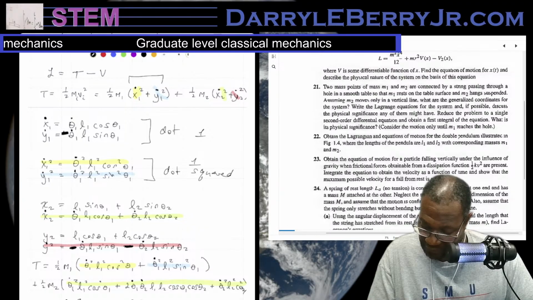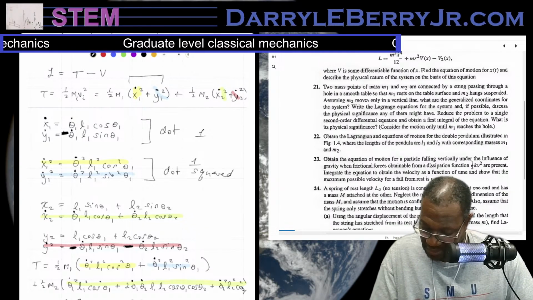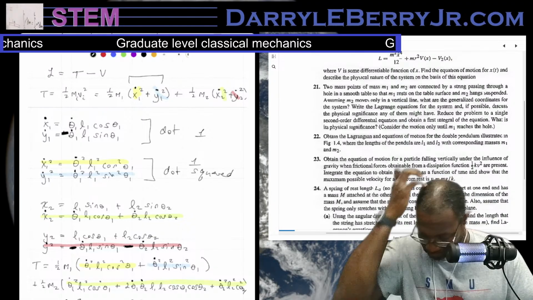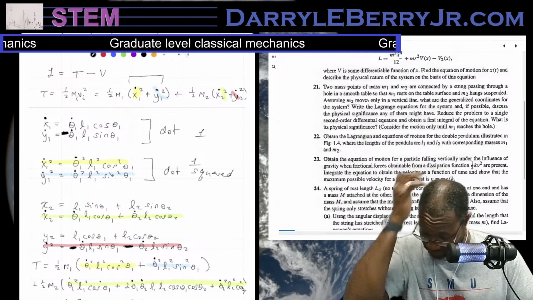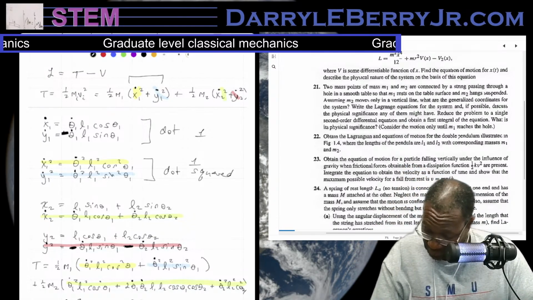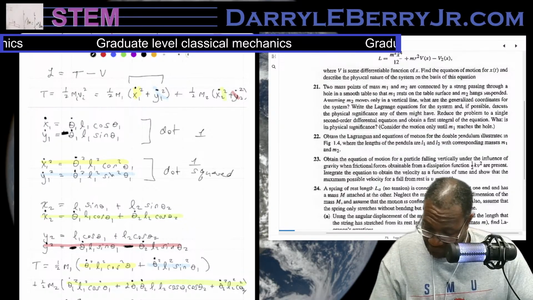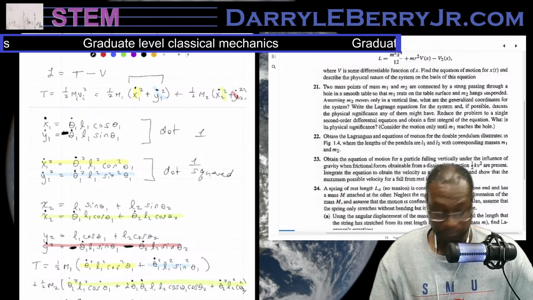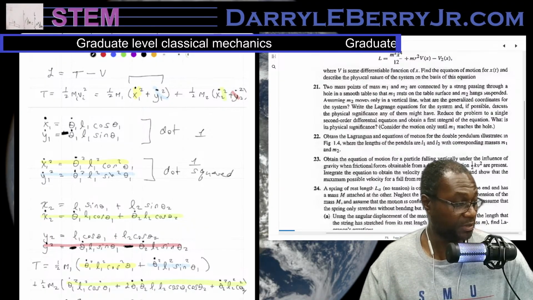So X will be positive still. Y will be a double negative for the sine. And Y2 squared, everything is positive. Seems like I should have a negative cross term, but I guess not. All right, let me check the solutions and see.